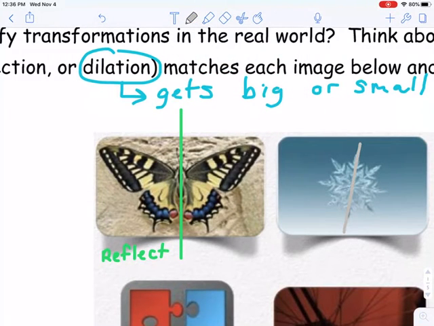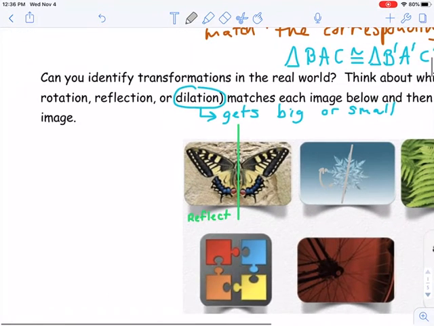So realize I can reflect the snowflake over this line. In fact, there's a lot of lines. There's just a couple of them. I could even do that one right there. All right, or even think about it from this point to that point. If I just rotated this much, the snowflake would still look the same. So this one would be reflect or rotate.